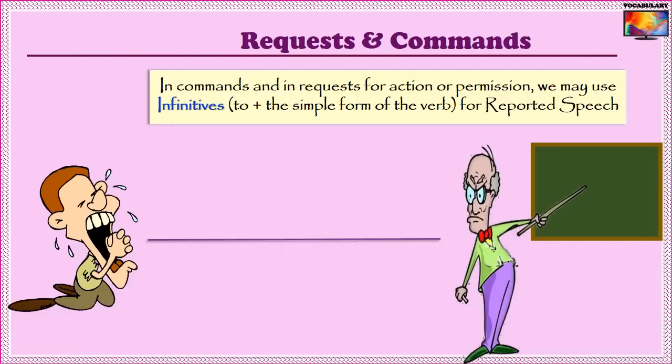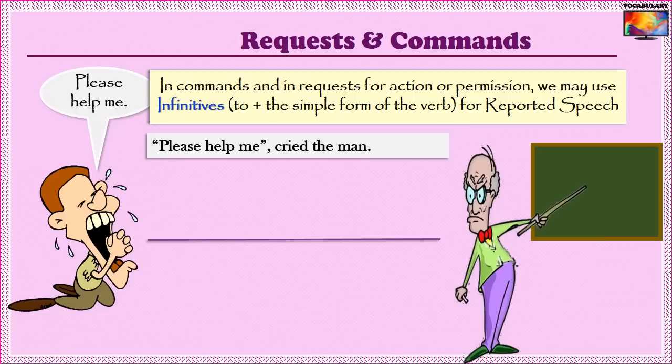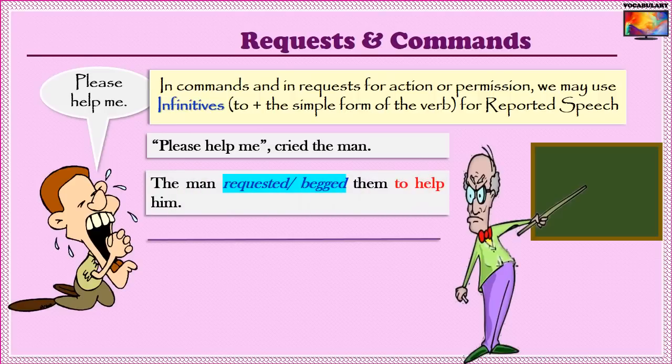For instance, look at this man crying and saying, "Please help me." He is making a request for action. The indirect speech for this sentence would be, the man requested or begged them to help him. The phrase "to help" in red ink is an infinitive phrase.